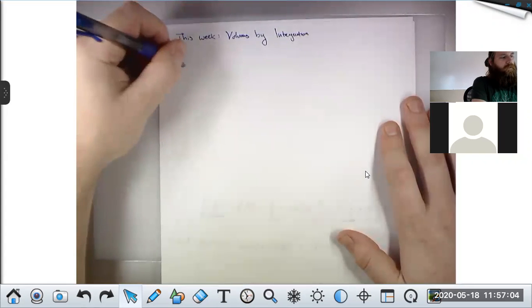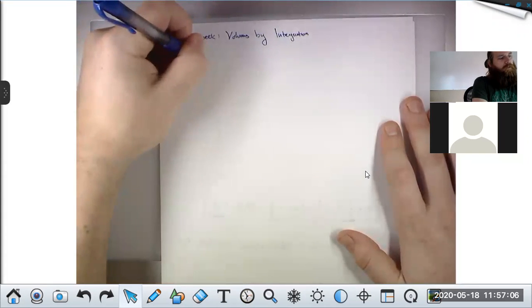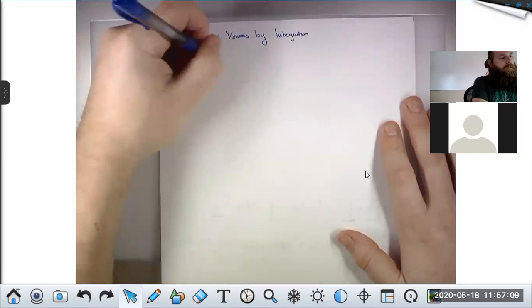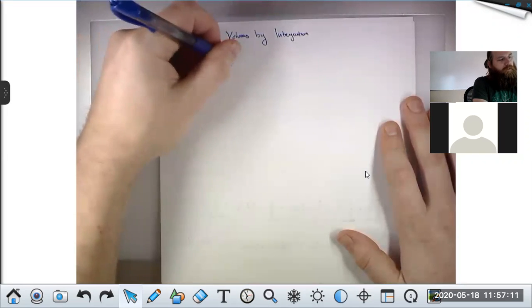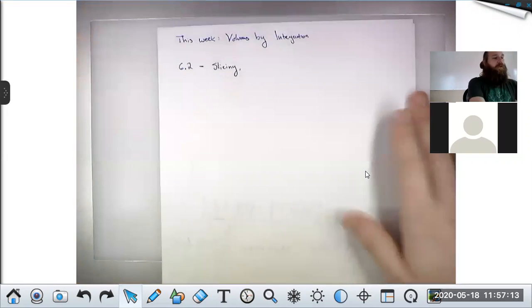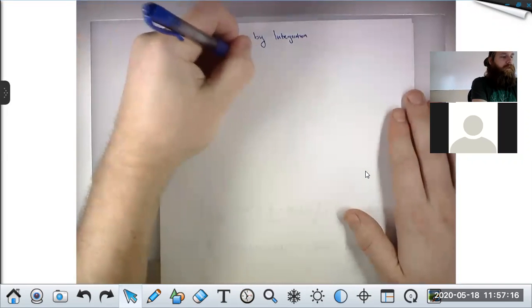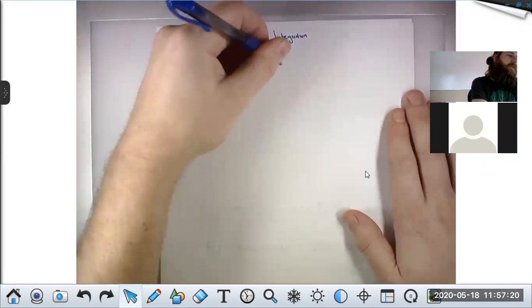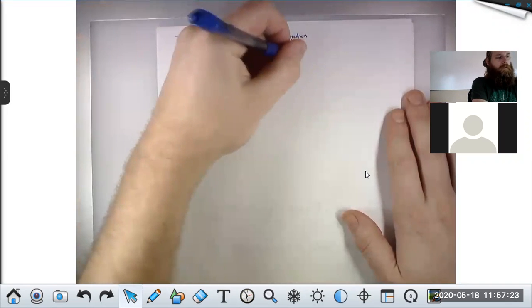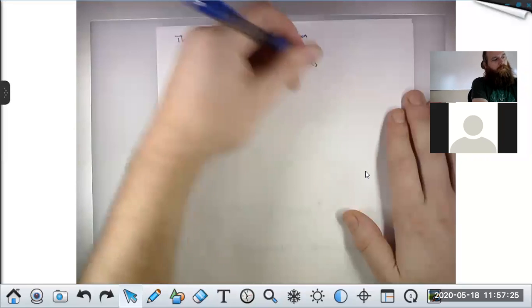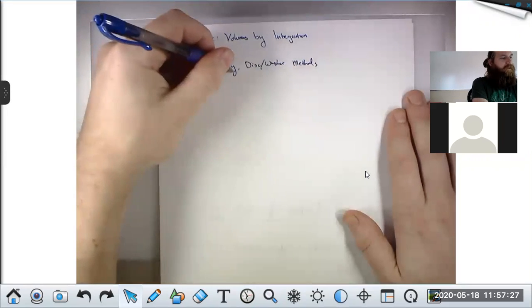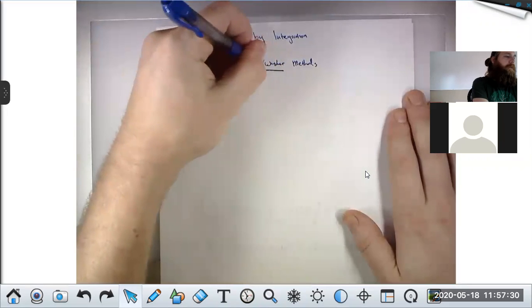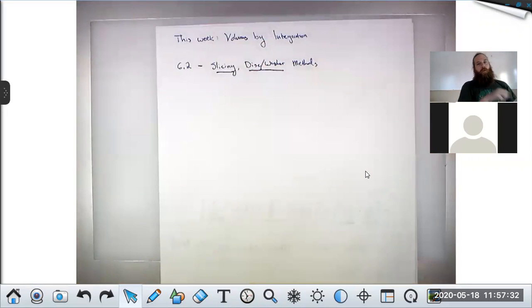The two sections are 6.2 and 6.3. In section 6.2, we're going to talk about two methods. There's the method of slicing, a special case of which can be called the disk/washer method. So there's really just two methods, the slicing method and the disk washer method. Some people think of the disk washer method as two methods on its own for a total of three, but really these are all the same sort of thing.